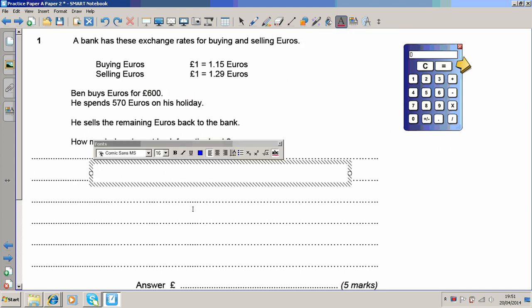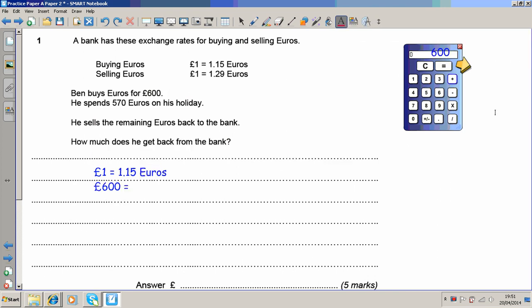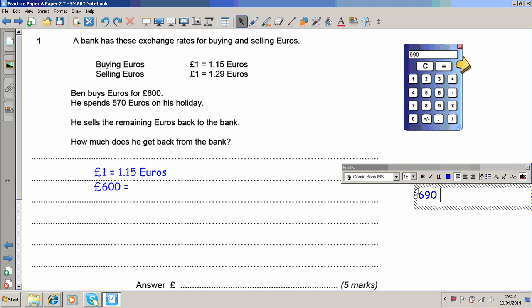Okay, so £1 is equal to 1.15 euros when he buys them. So £600 is going to be 600 times 1.15, which is 690 euros.